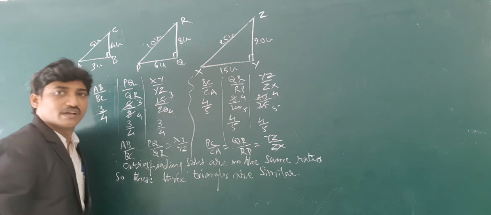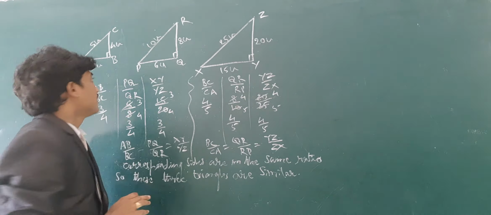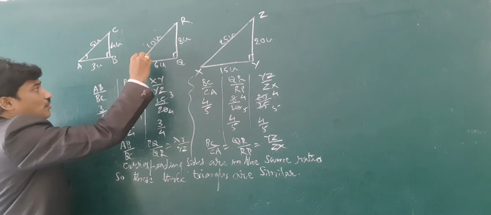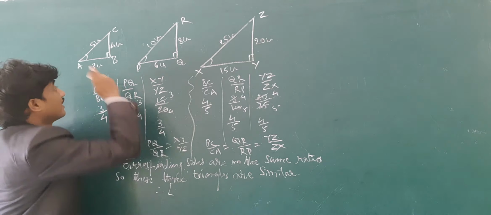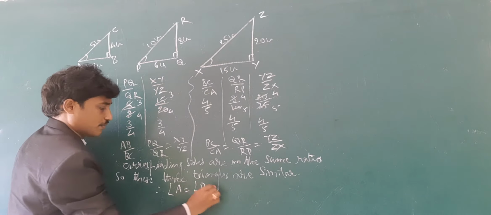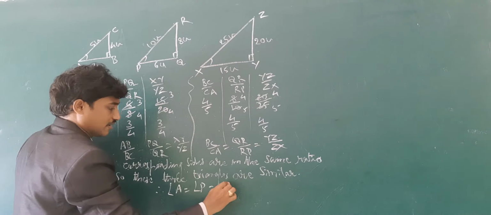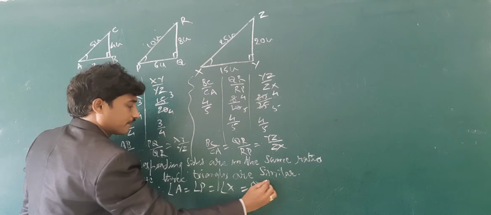We know in similar triangles corresponding angles are equal. We can write angle A equal to angle P equal to angle X. Let me take this measure of angle as theta.